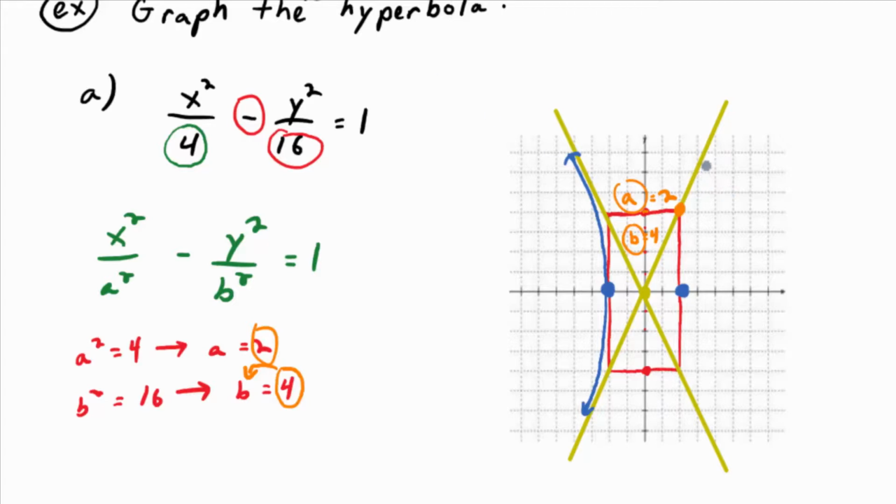And then the other branch should look like a mirror image of it. It should look like it gets closer to the asymptote as it goes to the right. And so we don't really plot any points except for the 2 vertices in the middle of the 2 opposite sides of the box, the vertical sides in this case. Okay, so the graph in blue, those 2 branches, make up the one hyperbola.